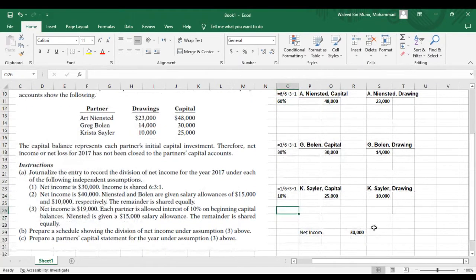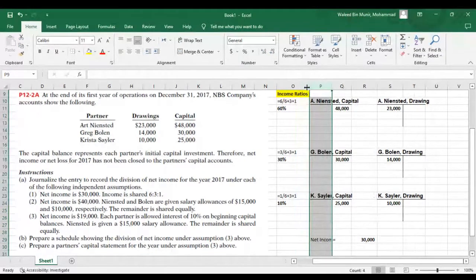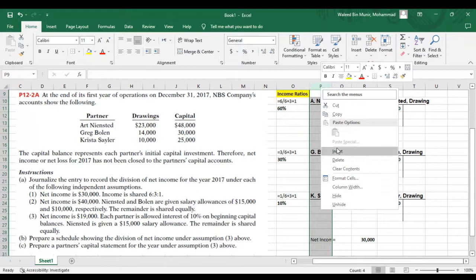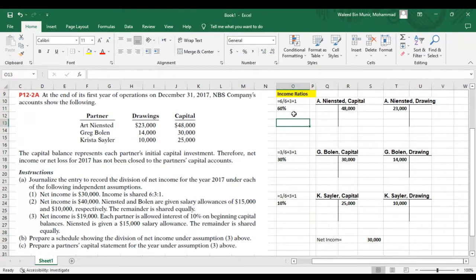So if you want to know what is the income of each partner, we can calculate, right? What is the income? Again, it is not an entry. I'm just putting, so don't just put me yes, here. T account is separate, so I'm just showing the calculation separately.